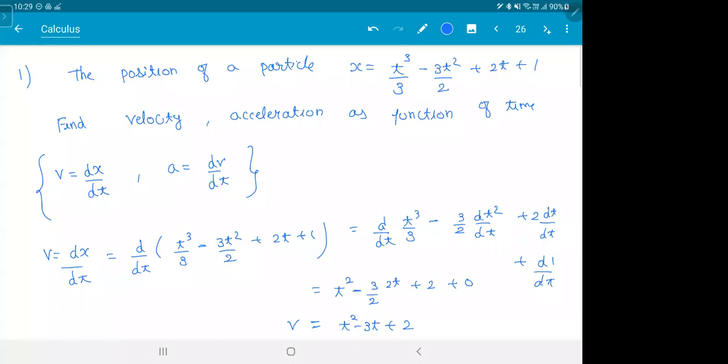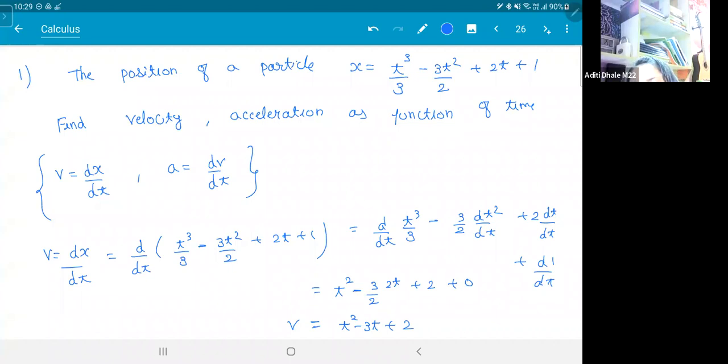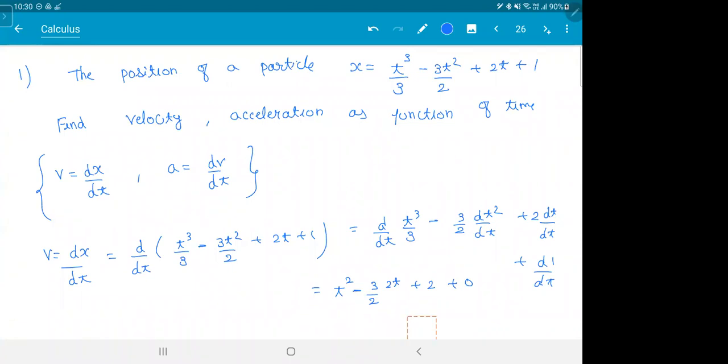Any doubts on this? Please ask me. So how did it become t square? This is t cube, right? That will be 1 by 3, 3t square, right? T cube, x power n is 3.